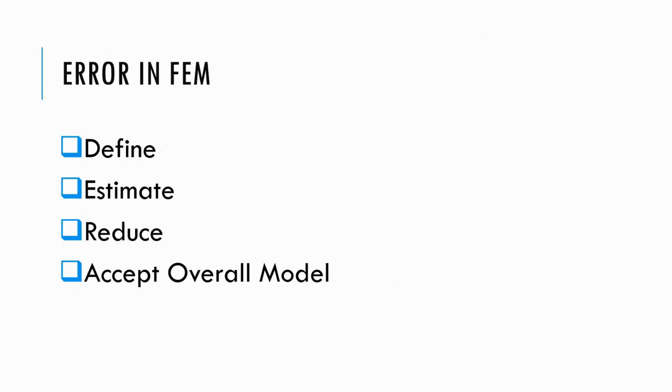So we have talked about defining the error, estimating the error, and reducing the error. Now we want to talk a little about how we accept the overall model. How do we gauge the error in the overall model, and how do we do this in practice?